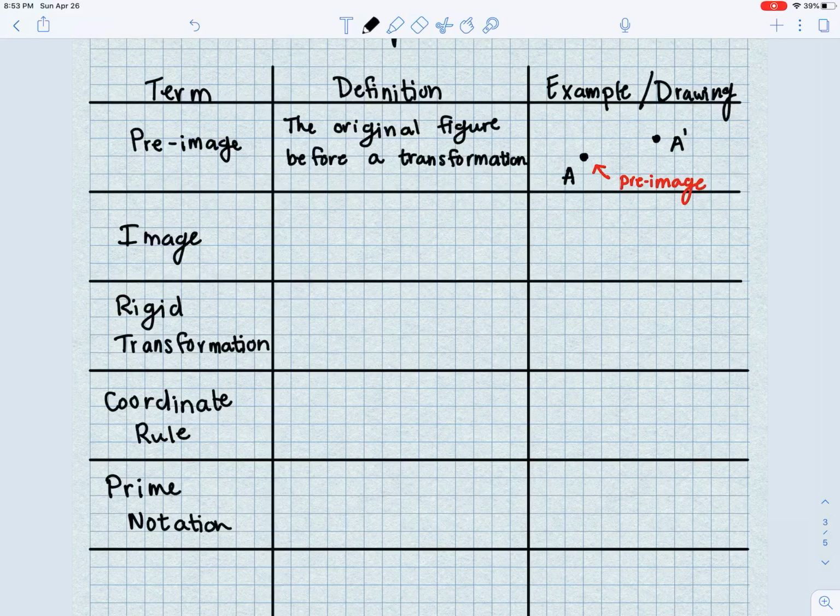Let's get into the next vocab word, which is an image. I'm pretty sure you can deduce what this is, but an image is the figure after a transformation. Emphasis on after.